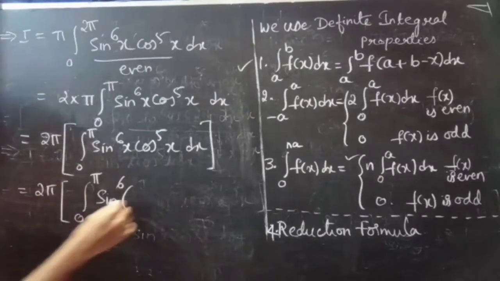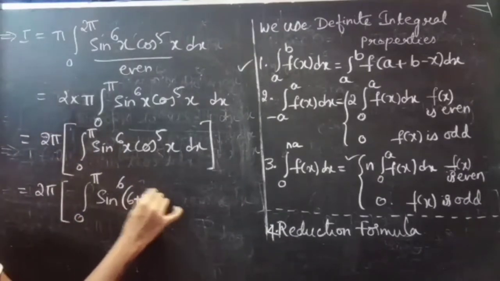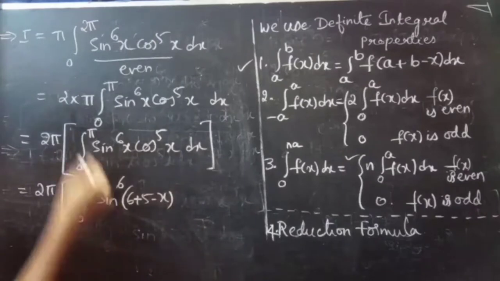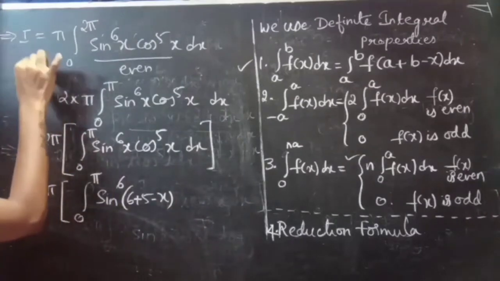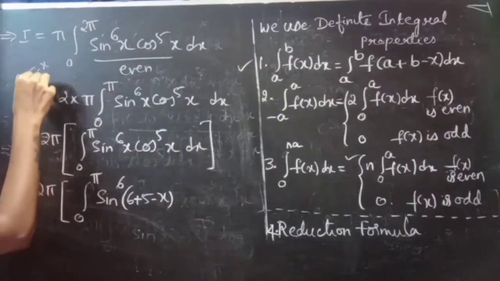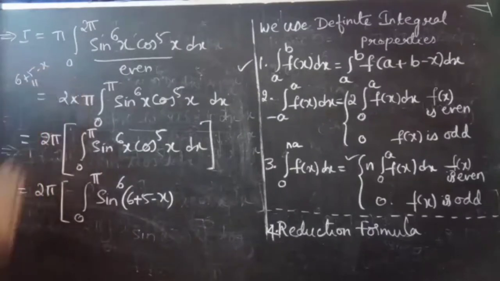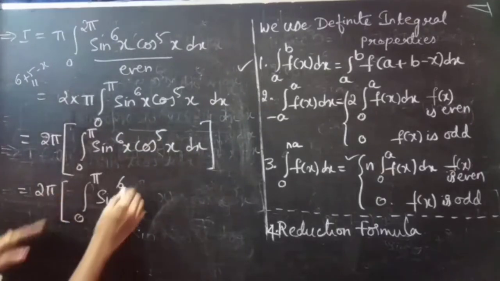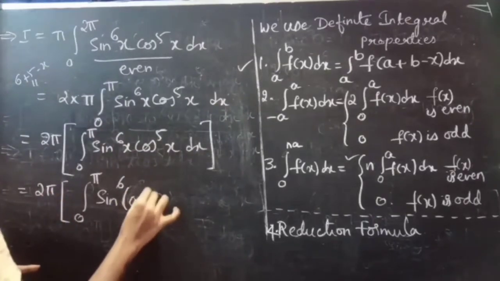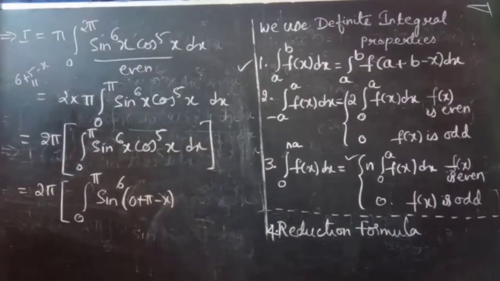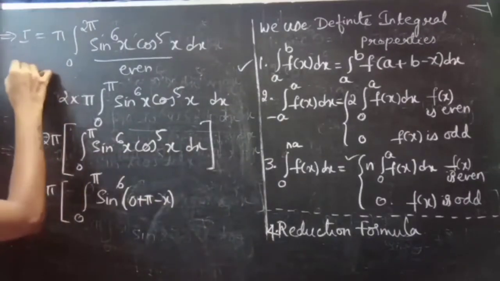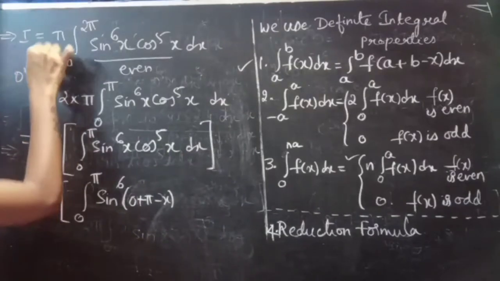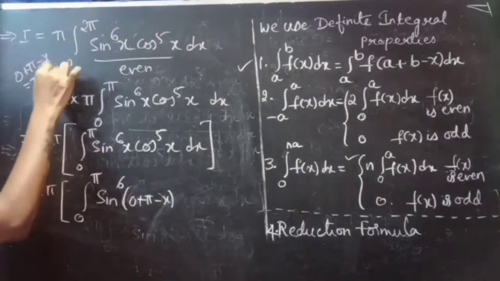Here a is 0 and b is pi, so 0 plus pi minus x will be pi minus x.